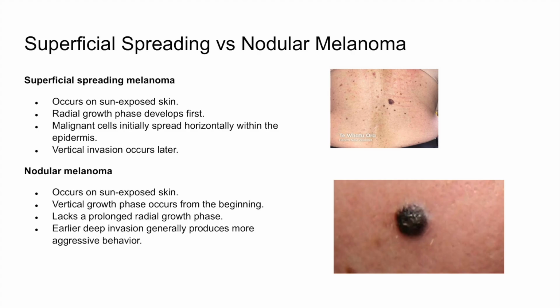It commonly presents as a rapidly growing, elevated, firm nodule that may be darkly pigmented, red, or amelanotic, meaning no color. Because it quickly accumulates Breslow depth, nodular melanoma often behaves more aggressively and may not satisfy every classic ABCDE feature. A useful additional warning mnemonic is EFG: elevated, firm, and growing.